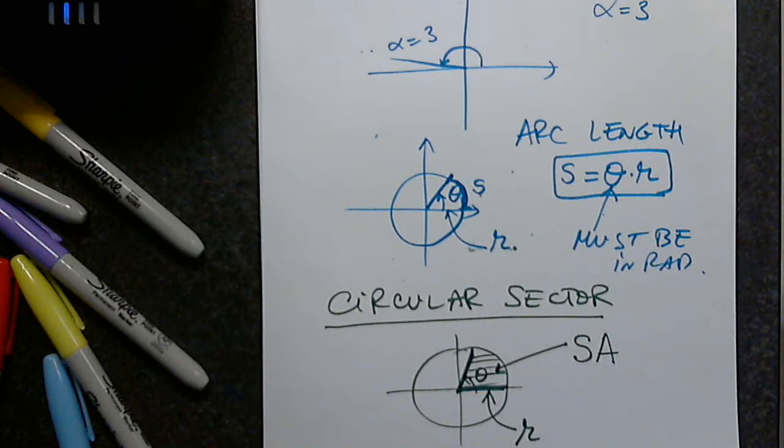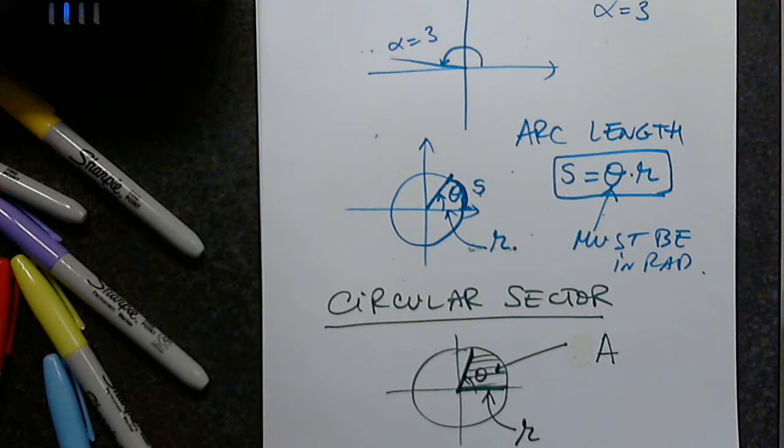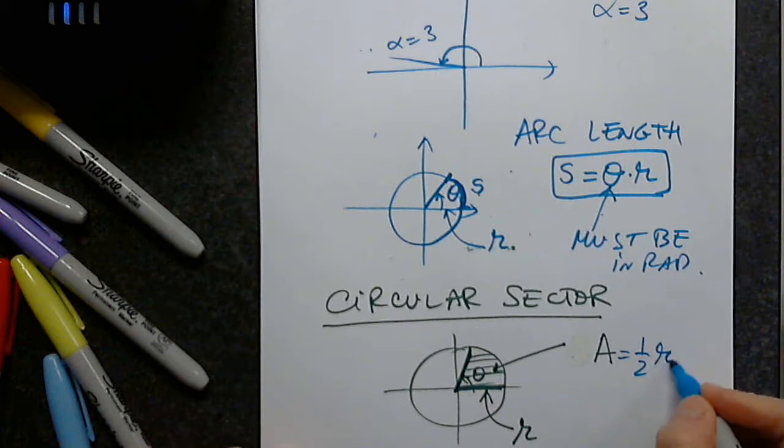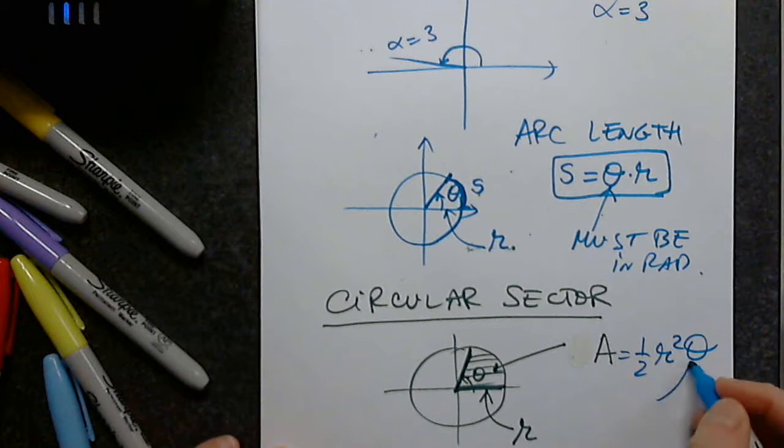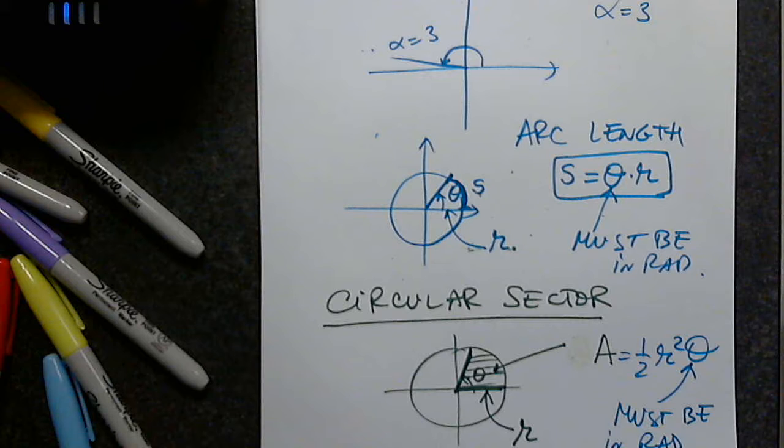Don't write s. The area of a circular sector is 1/2 r squared times theta. Again, theta must be in radians. It's area, right? Yes, it's r squared, because it's area.